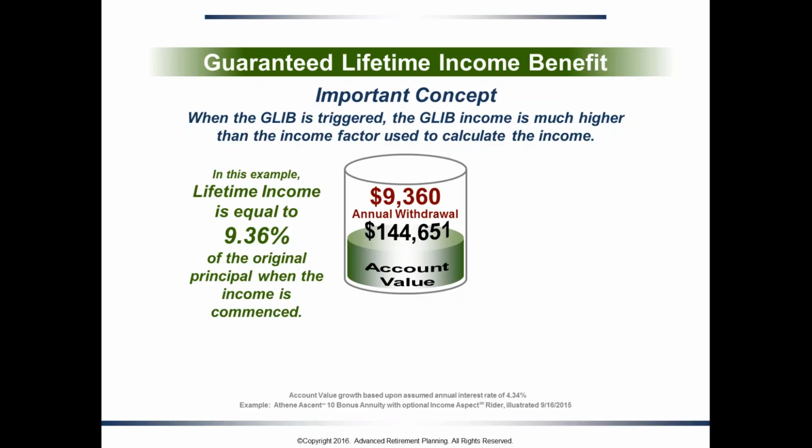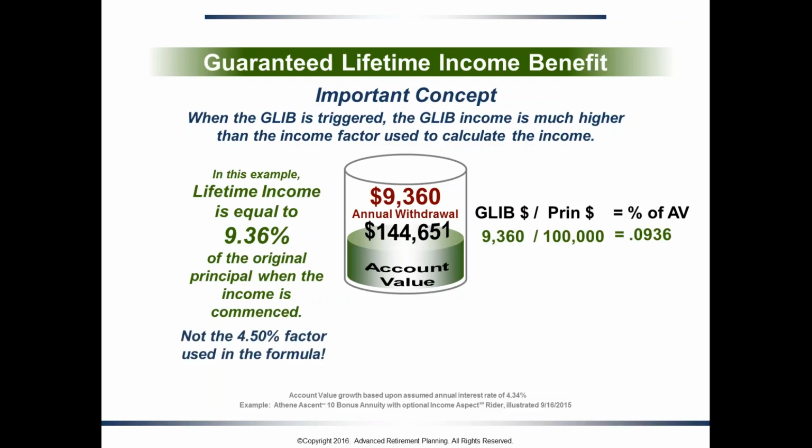In other words, it's many years down the road, but that $9,360 is 9.36% cash flow off a $100,000 asset for life. So again, if you understand math and how to present this stuff, that's very powerful. It's really a very powerful concept if you think about it.